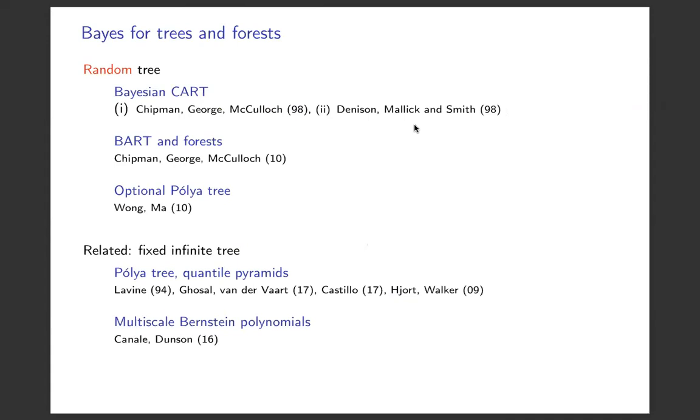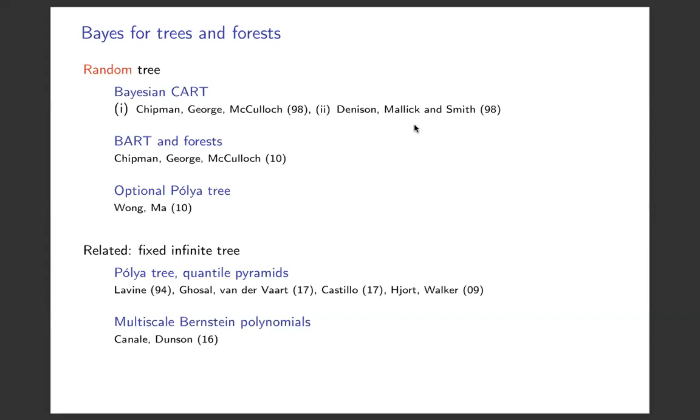What happens in the Polya tree is that you have an infinite tree, and maybe you want to be a little bit more adaptive or more flexible, and you could, instead of having an infinite tree, have a finite tree but random, and the tree itself could adapt using the data. And this is the idea behind, for instance, Bayesian CART.